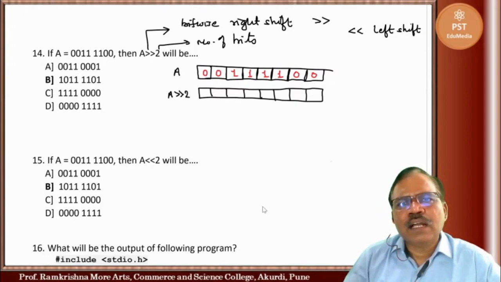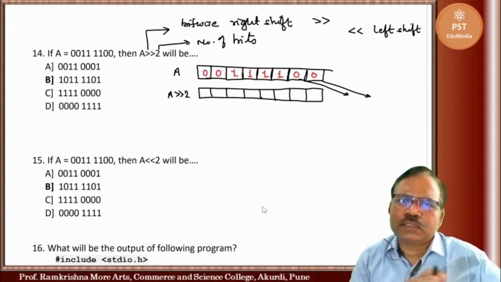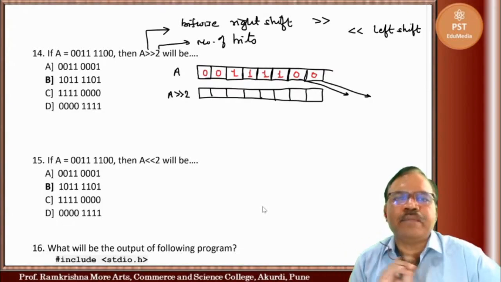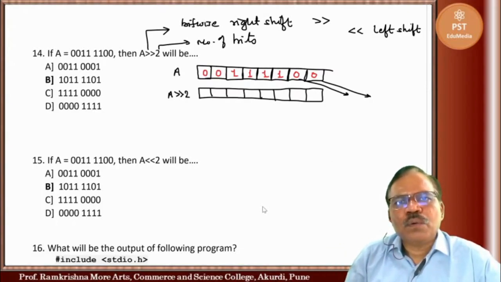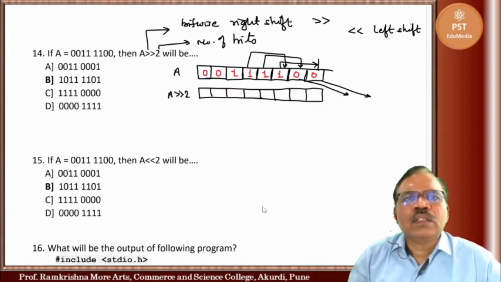So what happens? This bit will go out. This one will go out, means it will shift out of this 8 bits. Now this one will shift towards right by 2, and so on.